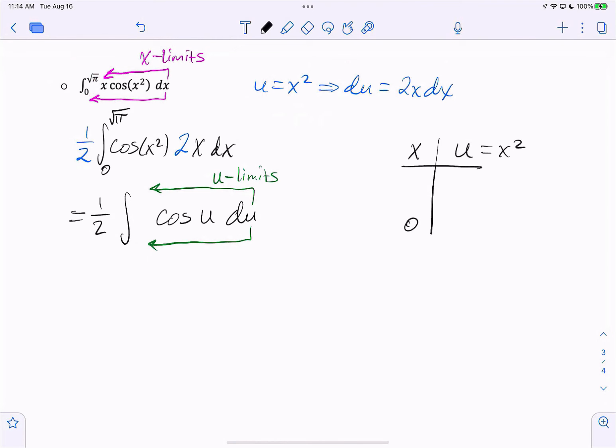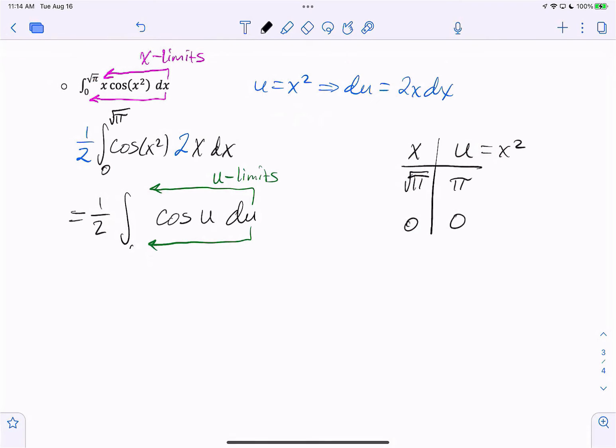So I'm going to put those in the table in that order: 0 on bottom, square root of pi on top. And then, what u values do these x values map to? If x is the square root of pi, then u must be pi. If x is 0, then u is equal to 0 squared, so 0.